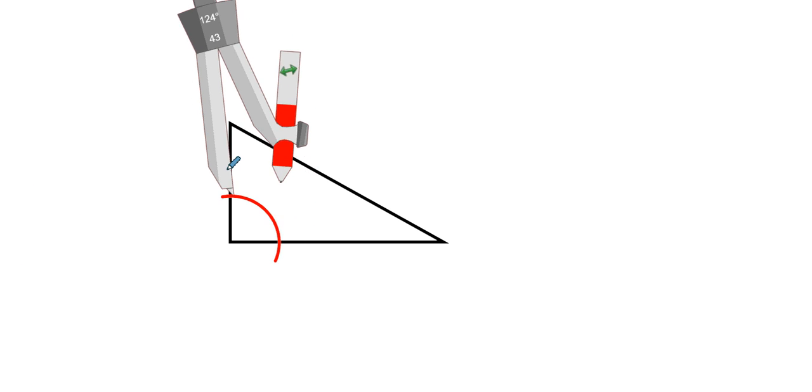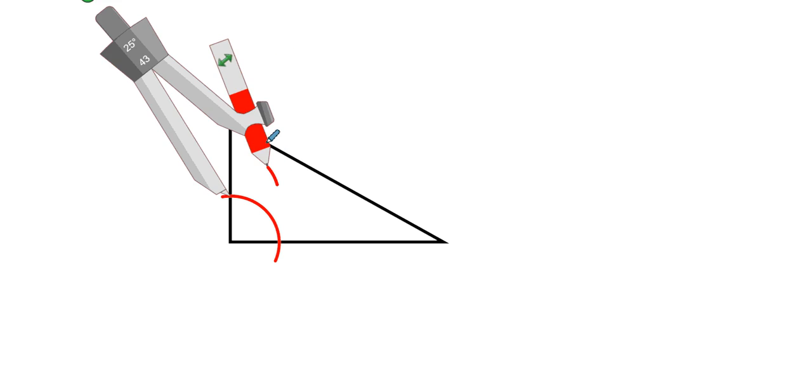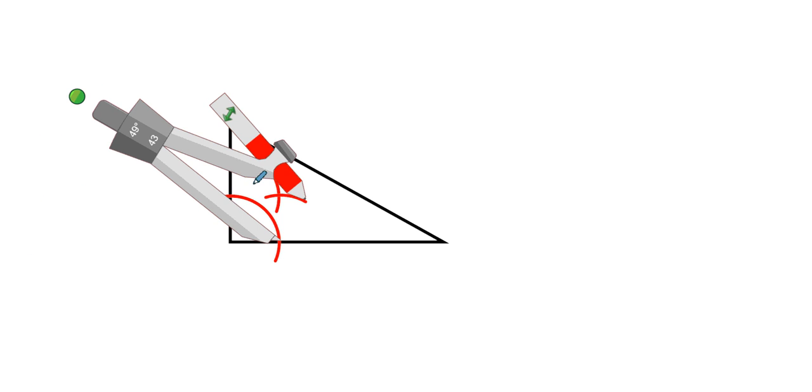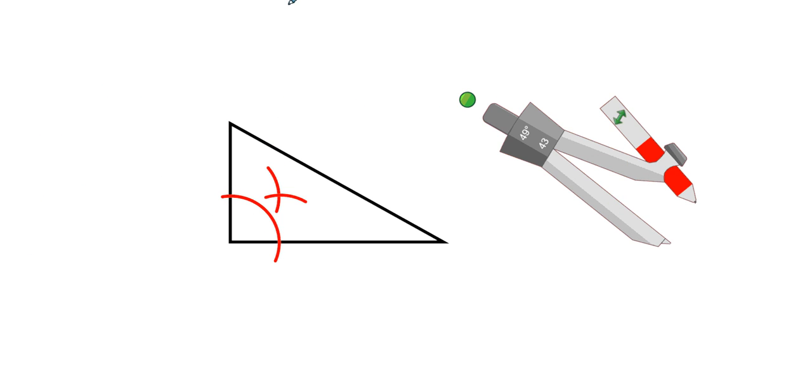There's red, so we make the big swoopy, and that gives us the two special places, and we swoopy in the middle, and we swoopy in the middle, swoop, swoop, swoop, all with the same width. And so you get this angle bisector like so.